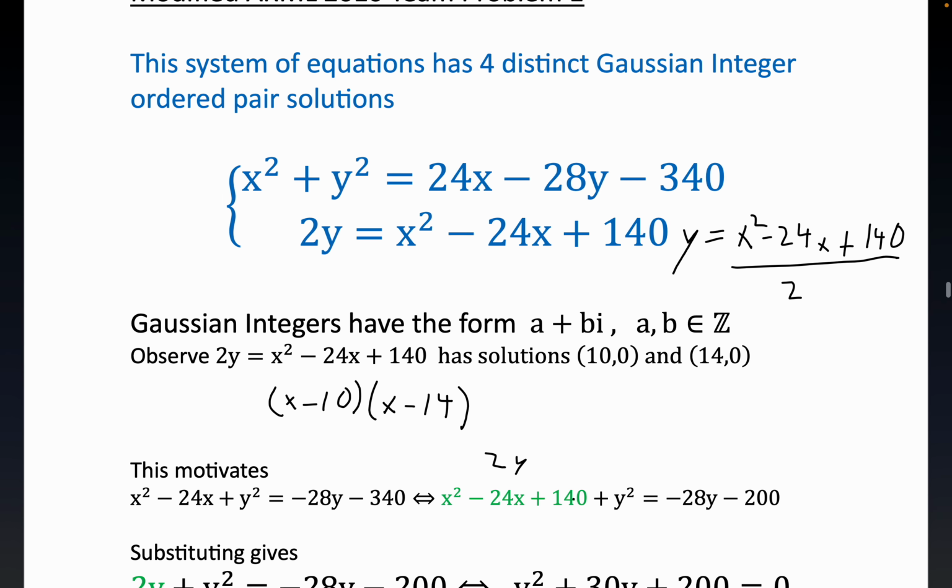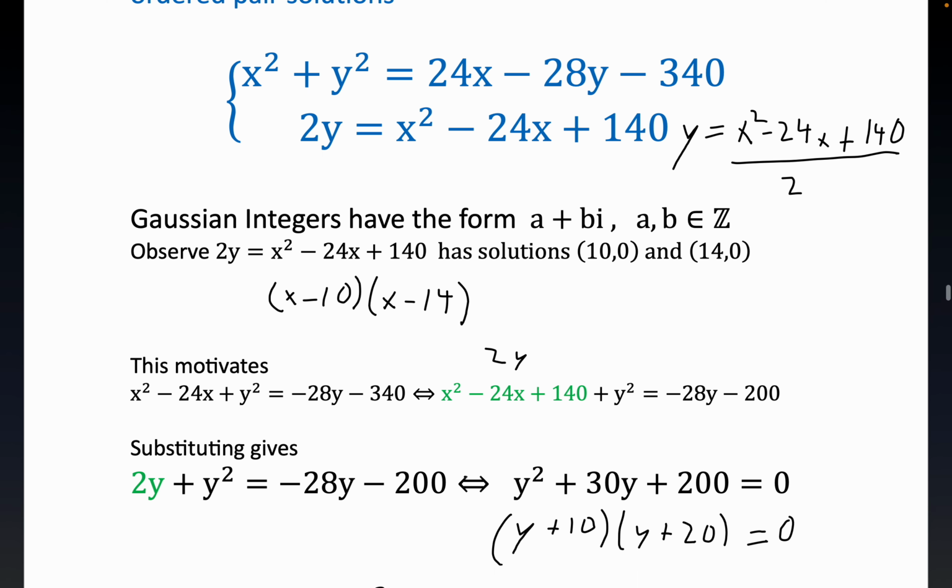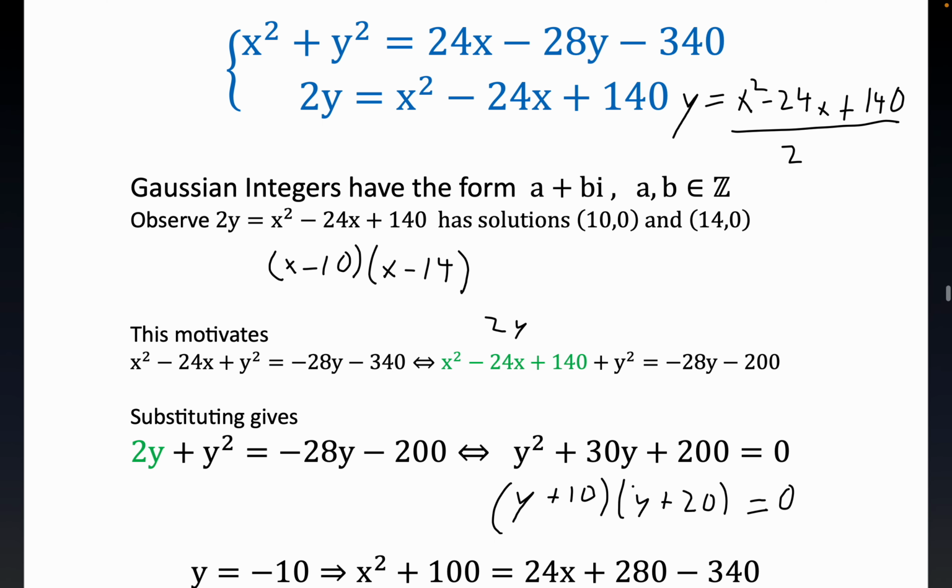But if you rearrange it in an equivalent way by shifting some terms around, the 24 comes to this side and then 140 moves, then you actually get 2y to appear in the middle of an equivalent equation. That's what makes it cool. And then you get the quadratic in y, which again, like all good math problems, is designed to work out. They're worked backwards, and the problem solver has to go in the other direction.